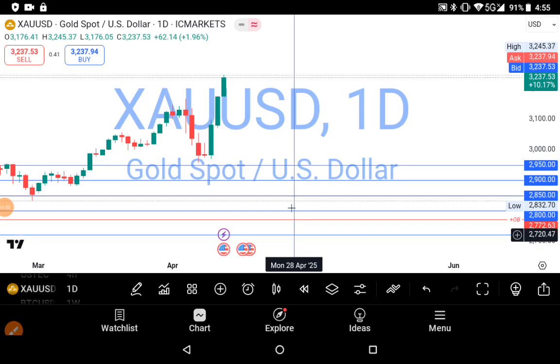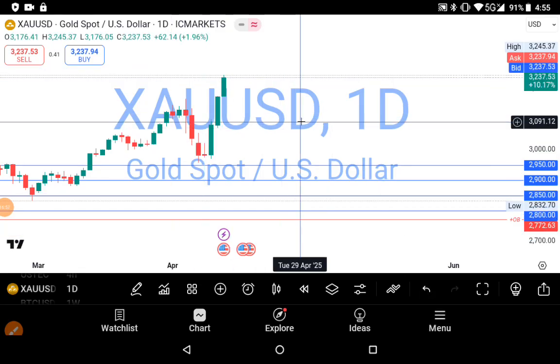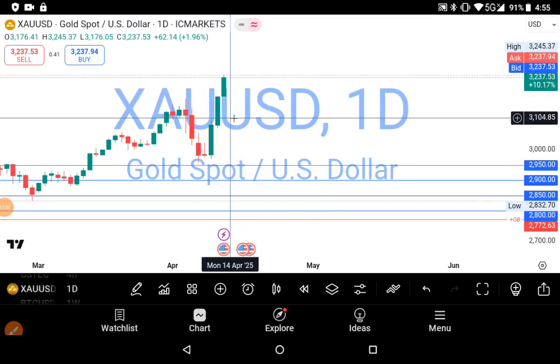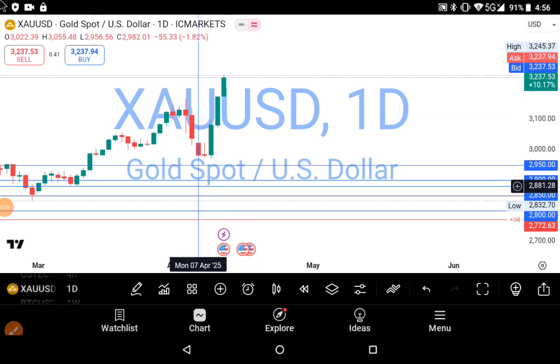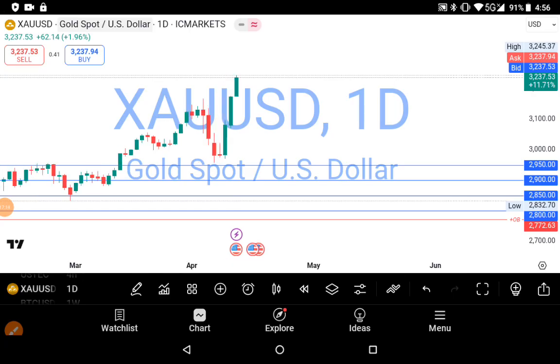We've seen 3,200 being visited. So the coming week, I'll be watching how the market price will find support around 3,100. I'm expecting 3,100 to serve as a support to the price.